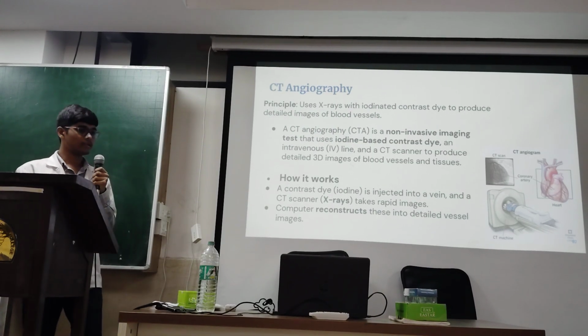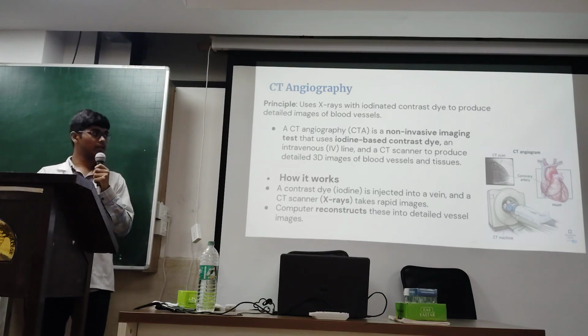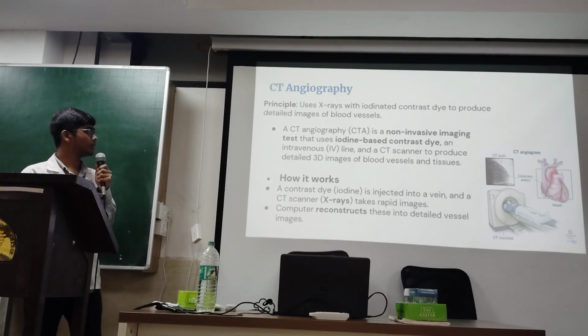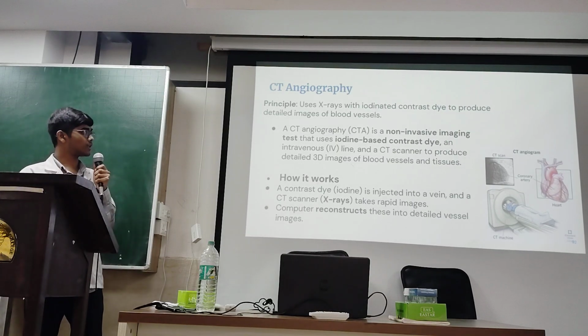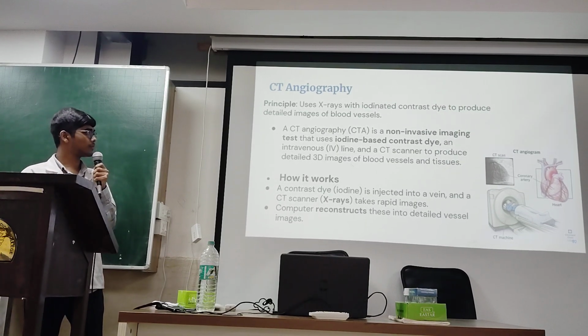CT angiography. Principle of CT angiography. CT angiography works on the principle that it uses X-rays with iodinated contrast dye to produce detailed images of the blood vessels.